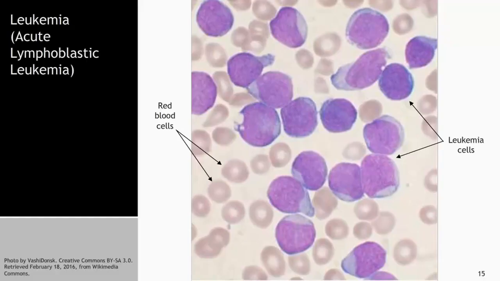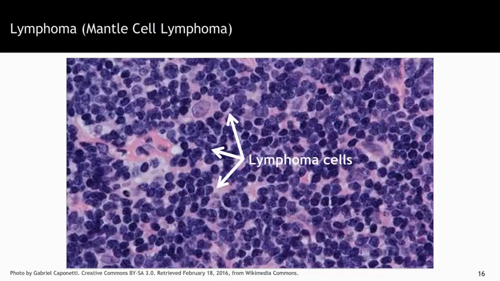Here is leukemia, which again starts in the bone marrow and circulates into the blood. This is an example of acute lymphoblastic leukemia. The red blood cells that carry your oxygen are the small donuts that you see in the background. They're carrying iron and oxygen to oxygenate your blood.